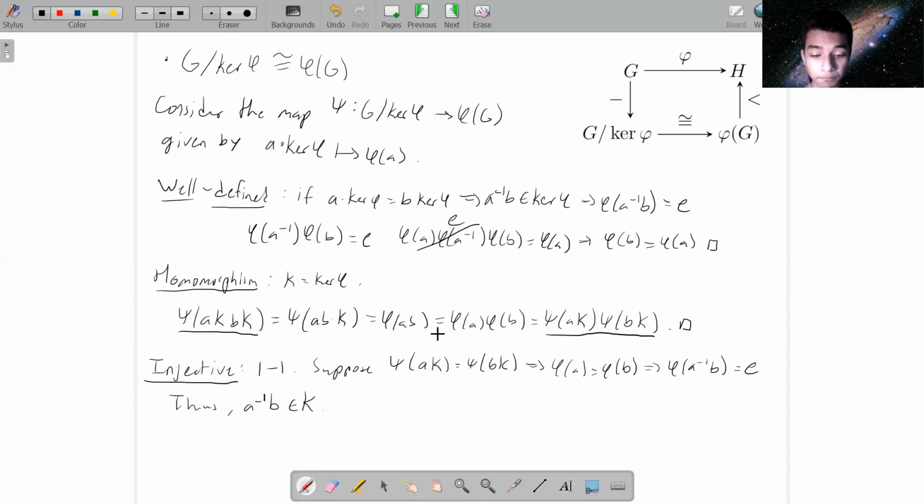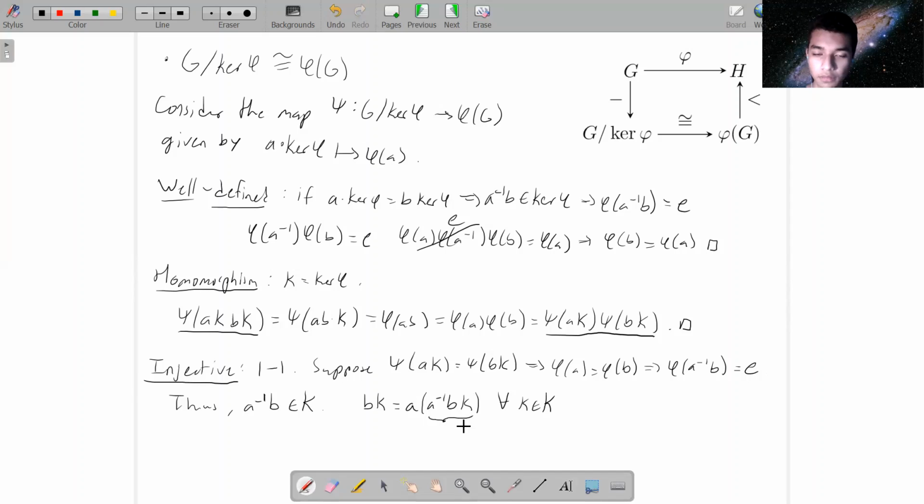Okay. Since A inverse B is in the kernel, we can see the following. BK will equal A inverse B, for all K in the kernel.